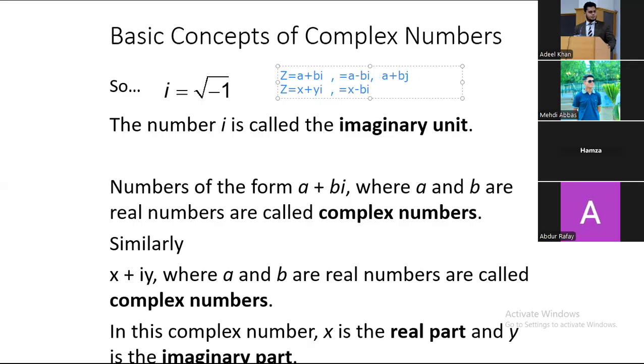So in complex number, which is represented by z, it is represented with iota i as well as the imaginary value j.